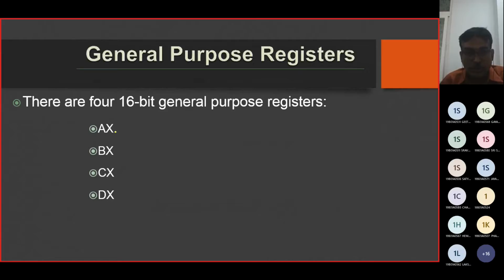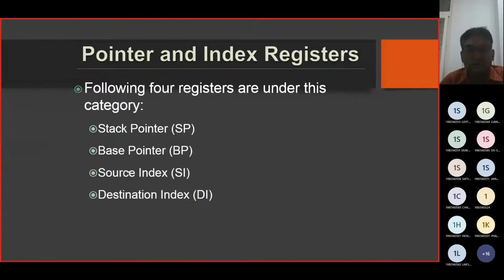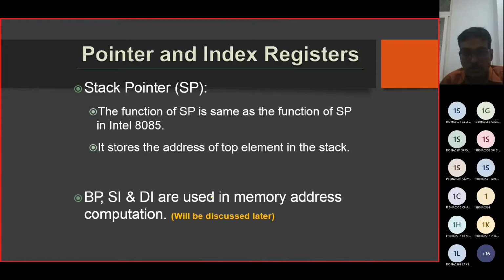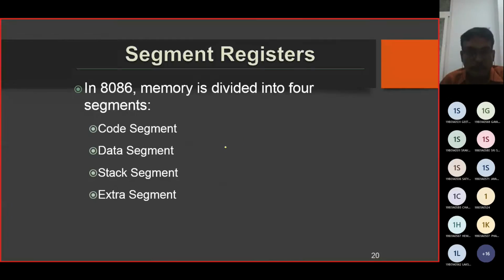Similarly, the general purpose registers like accumulator, base register, count register, and data register, and also the stack pointer, base pointer, source index and destination index were discussed earlier. Segment register organization we have to discuss today.